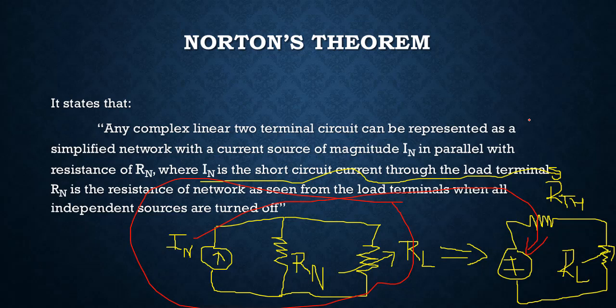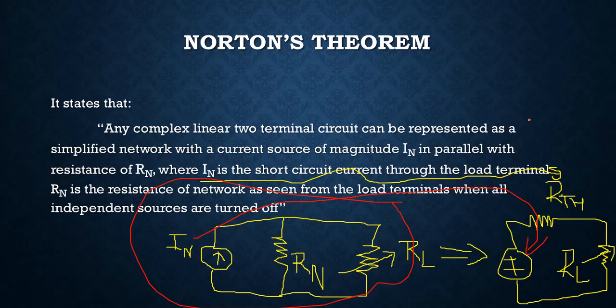So this ends our week number 7, and we have gone through a lot of theorems here. There is one theorem which is left, that is the maximum power transfer theorem, which states that the power transferred across a circuit is maximum when the load resistance is equal to the Thevenin resistance.